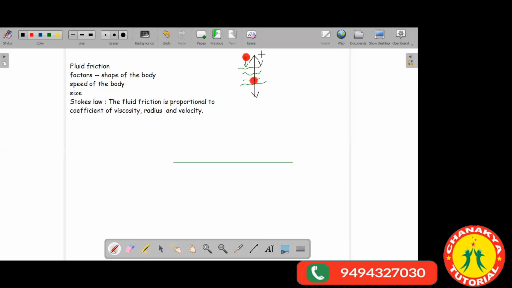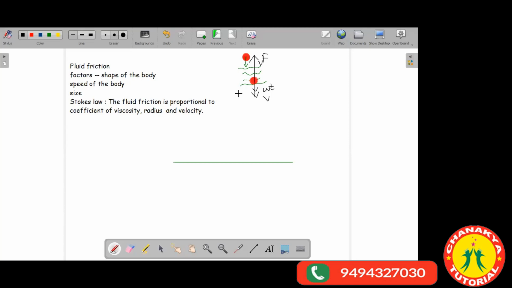So here you will have the backward dragging force, which is upward, and it's moving in the downward direction. We also know that the gravitational force, or the weight of the body, acts in the downward direction.